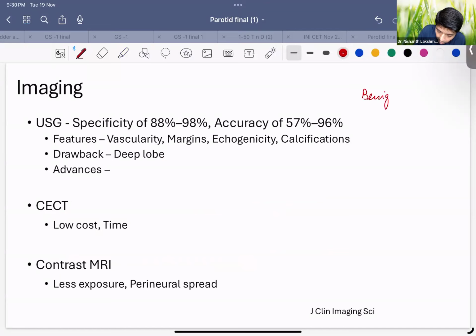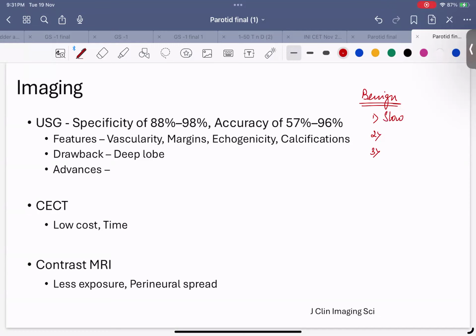Okay. Now, can you tell me what are the features of a benign swelling, Vinod? Benign parotid lesion? In the ultrasound, sir? No, clinically, because you need to know whether it is benign or malignant, whether you want to get an ultrasound or a CT in your first shot. Slow growing and painless, soft to firm, nodular.